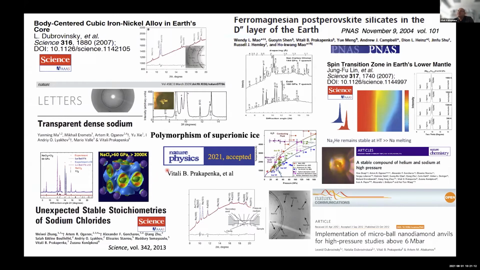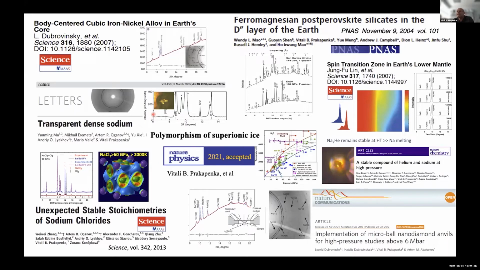Here are just a few examples of what we have. For example, BCC iron was predicted a long time ago, but it was observed only in 2007. Transparent dense sodium: nobody thinks that a metal will be an insulator at pressure, but it was predicted by theory and confirmed by experiment.